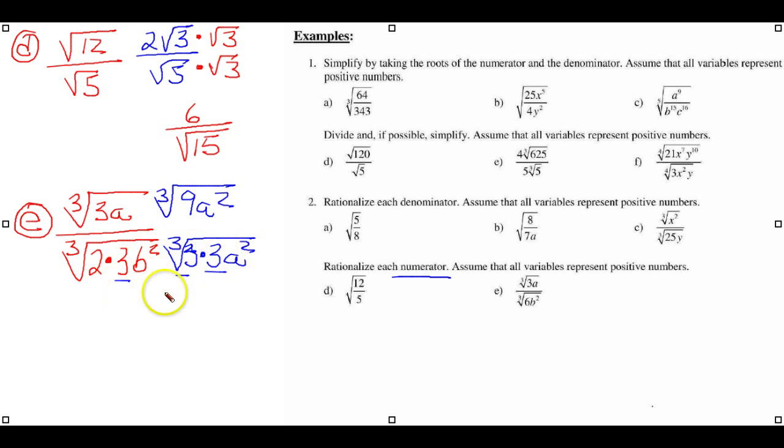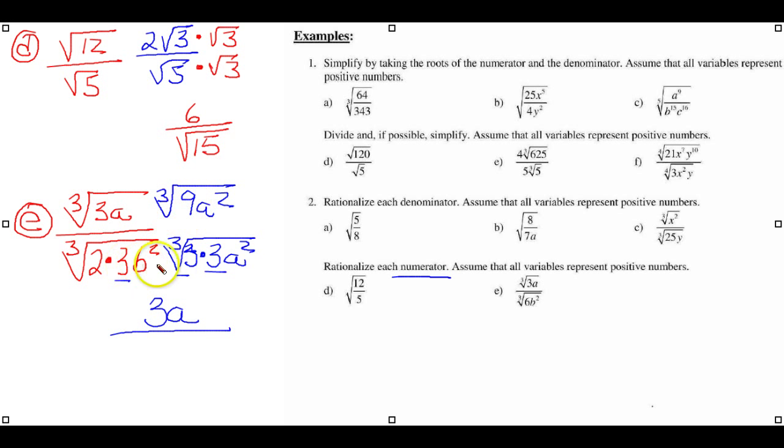That will come out as a 3, but we'll do that in a moment. Let's rationalize our numerator here. So 3 times 9 is 27. Cube root of 27 is 3. And then a times a to the second, a to the third. The cube root of a to the third is a. So our numerator is rationalized.